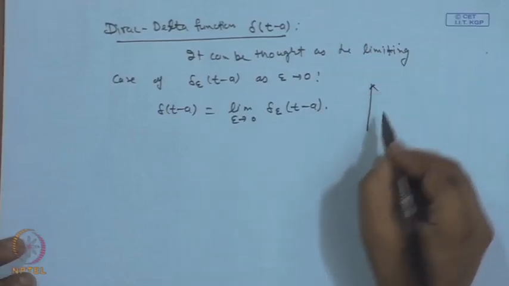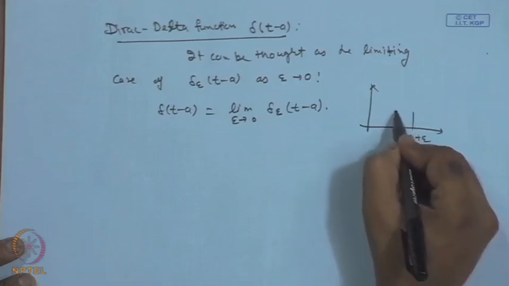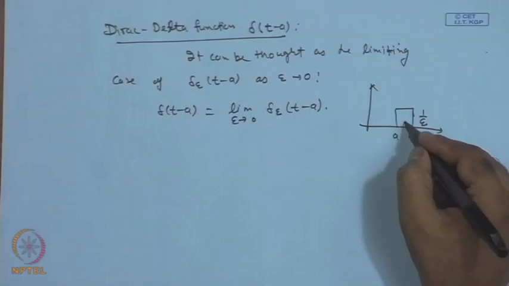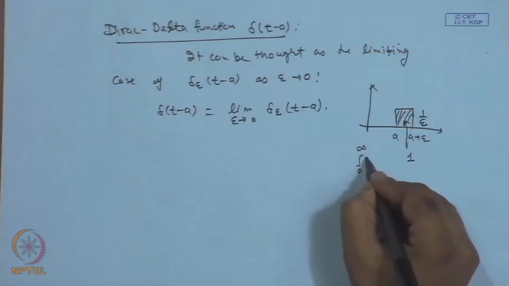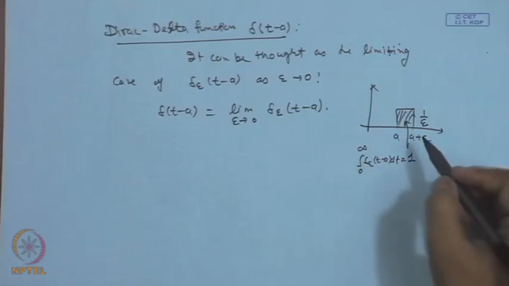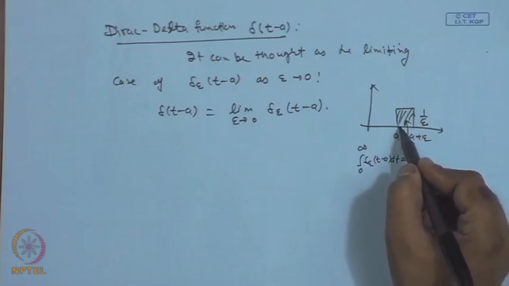So, just remember that this delta epsilon function is defined between a and a plus epsilon. The height here is 1 over epsilon, and the area here, this integral over this, is always 1. So, the integral from 0 to infinity of delta epsilon (t minus a) dt is always 1. So, if we take epsilon to 0, what will happen?